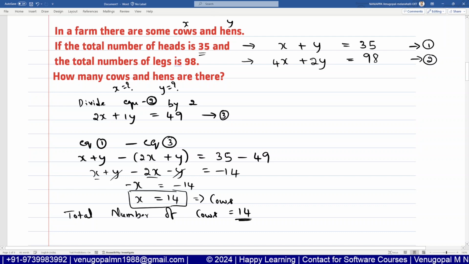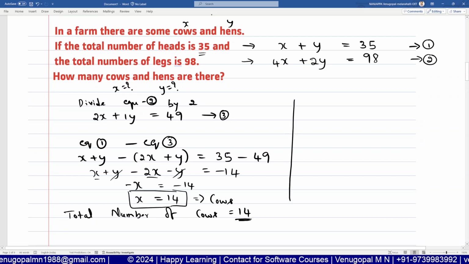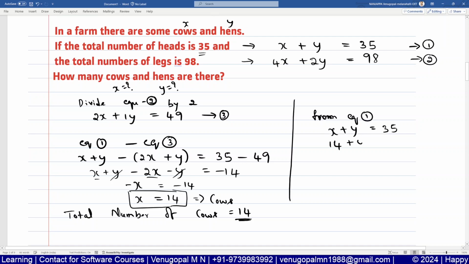Okay, guys. Now we identify the value of x. Let us identify the value of y. So you see over here, there is a simple one from equation 1. Equation 1, x plus y is equal to 35, and we already know x value is equal to 14 plus y is equal to 35.